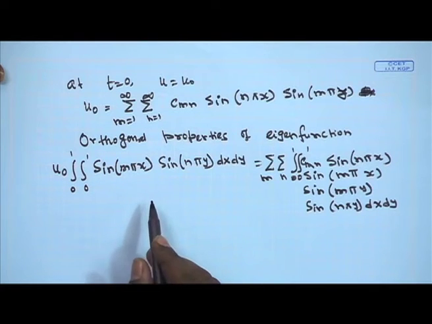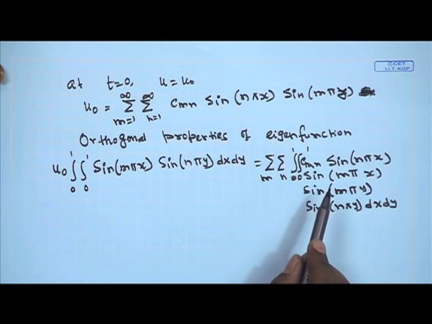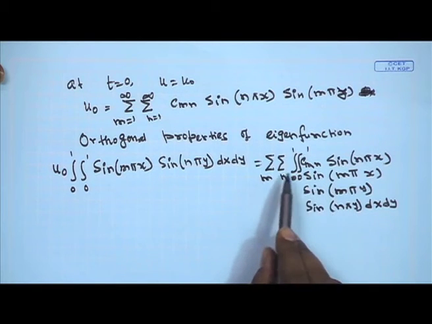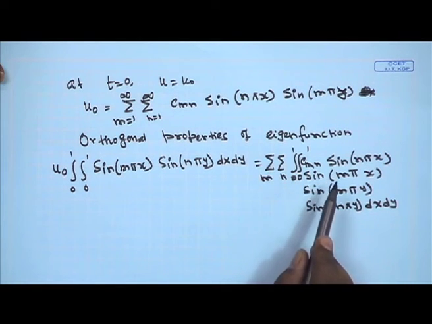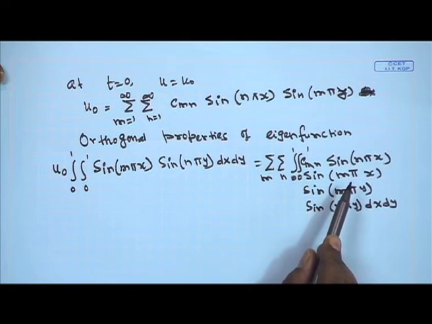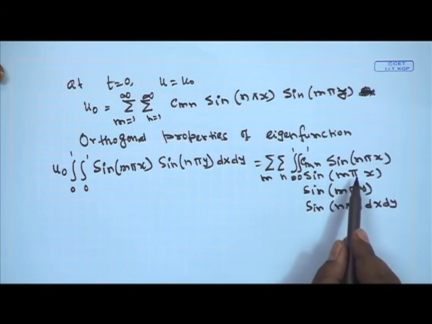Now, if we utilize the orthogonal property of the eigenfunctions and open up the summation series, only one term will exist, that will be when m is equal to n in both the cases, because we know that the eigenfunctions are orthogonal functions. So, integral of sin n pi x sin m pi x dx will be equal to 0 for m not equal to n.